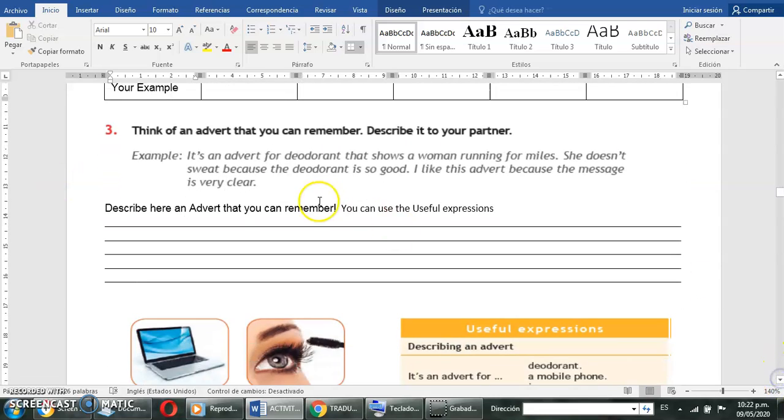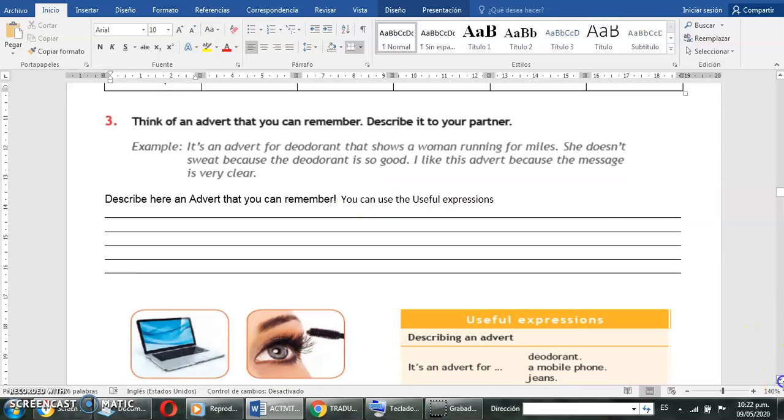3. Think of an advert that you can remember. Describe it to your partner. I write here an example. It is an advert for deodorant that shows a woman running for miles. She doesn't sweat because the deodorant is so good. I like this advert because the message is very clear.